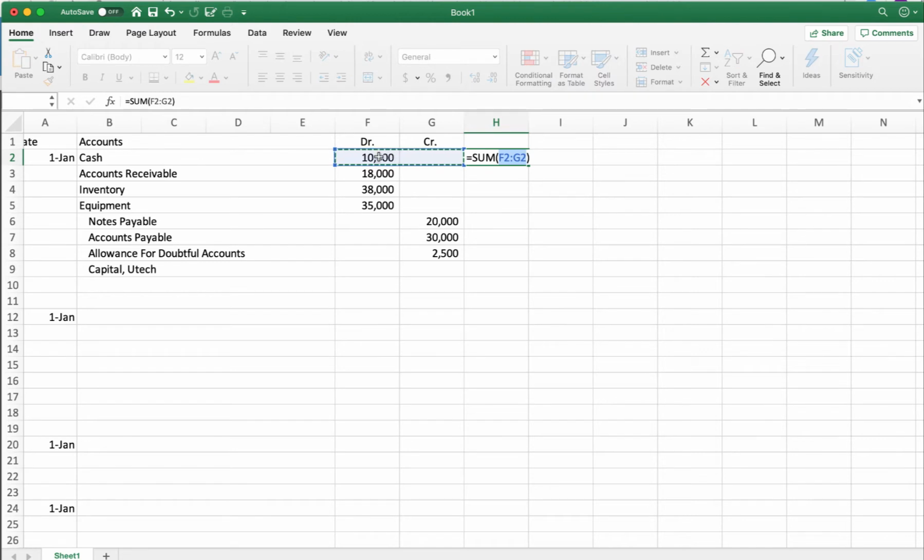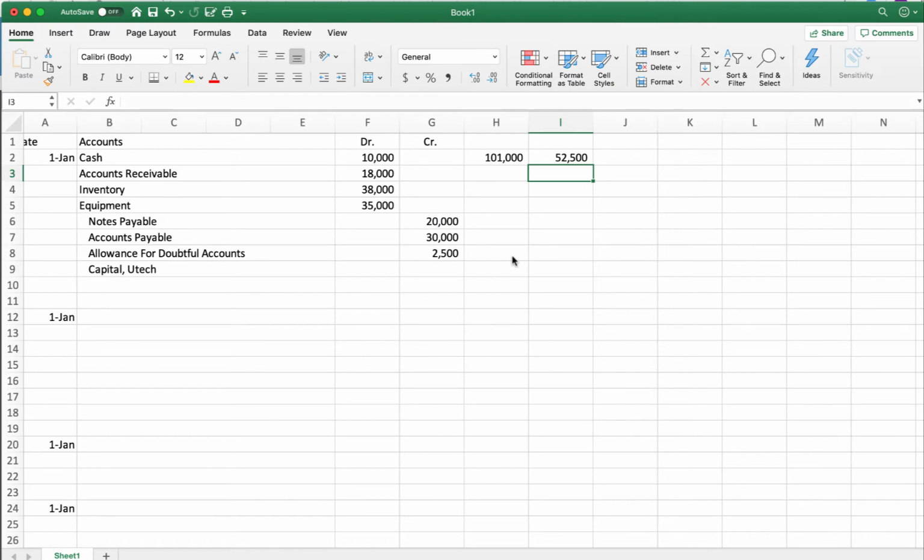Okay. So to figure that out, I'm going to auto sum all my debits. I'm going to add up all my debits here in this, just in this one journal entry. It's 101,000. I'm going to add up all of my liabilities. 52.5. Okay.